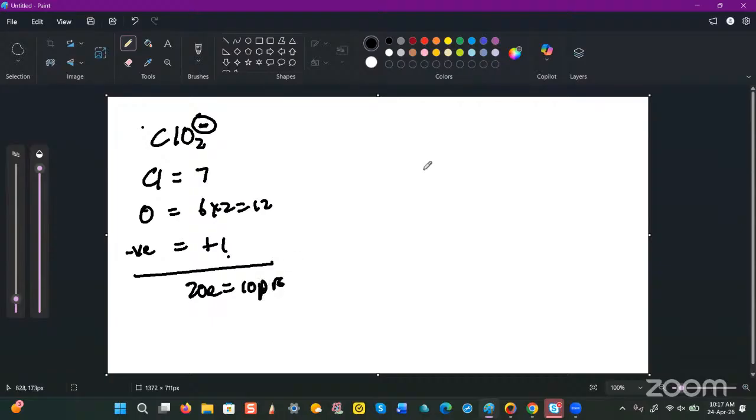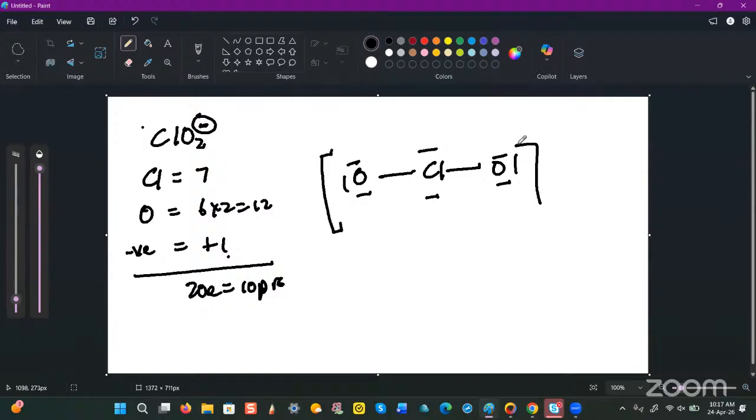So we start off with the chlorine, put the oxygens around it, and then we put the bonding pairs, 1, 2, then 3, 4, 5, 6, 7, 8, and then 9, 10. All right? And that's basically it, excepting that you have to finish this off by putting the structure within square brackets and then put a negative sign out there to indicate that the entire structure carries a negative charge.